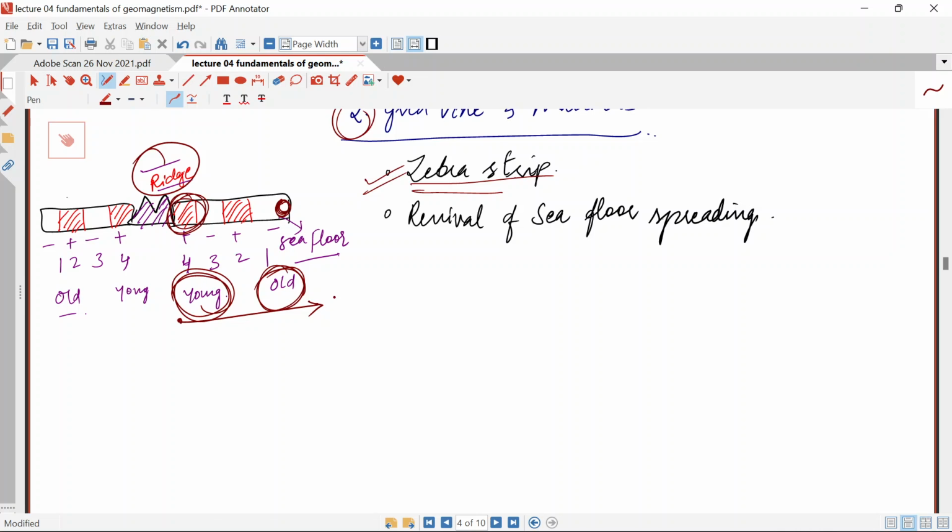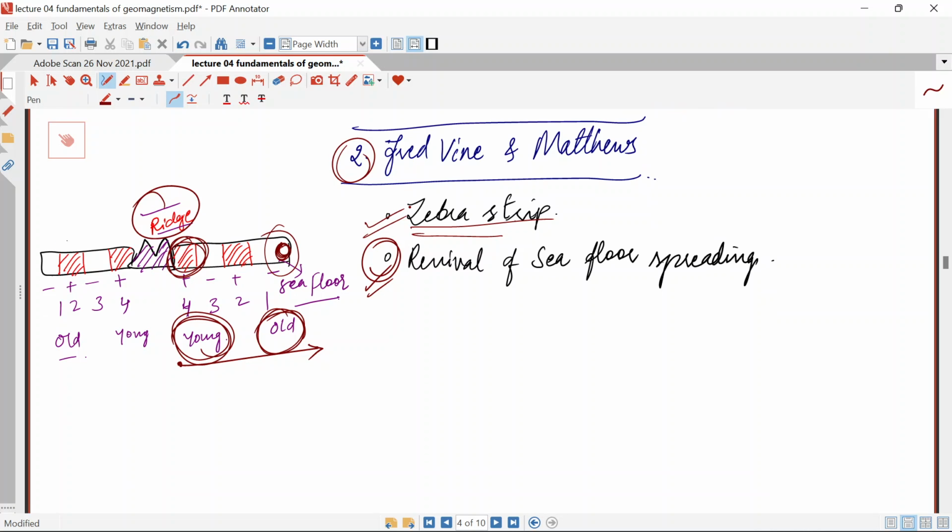This is the young layer, and this is the old layer. This is because of magnetism and lava eruptions, and there is seafloor spreading. Due to this spreading, both scientists, Vine and Matthews, revived the seafloor spreading theory.